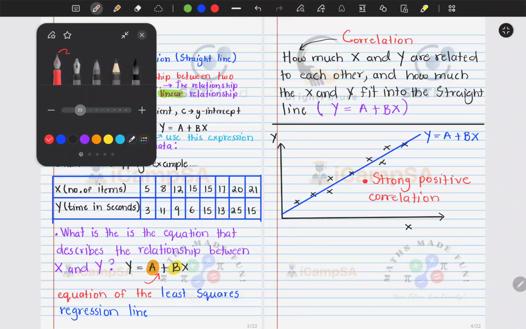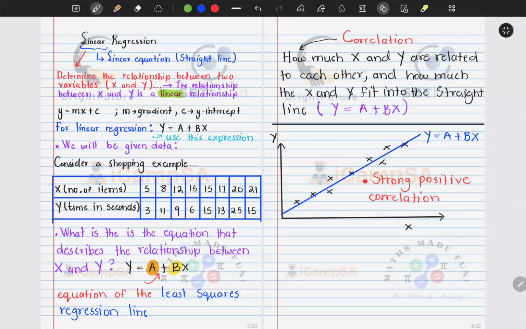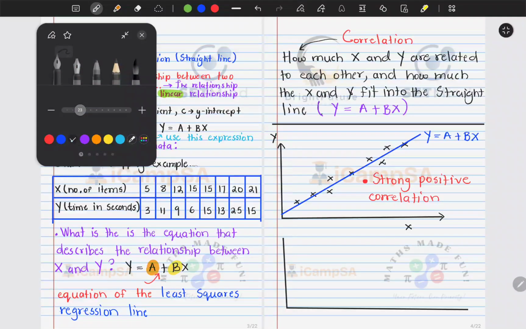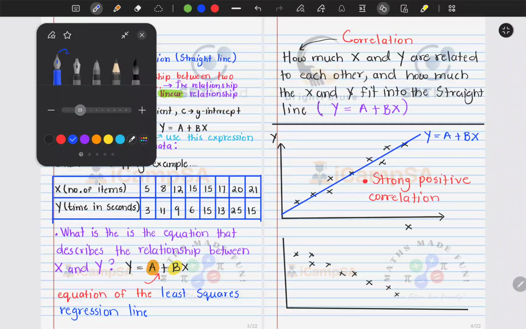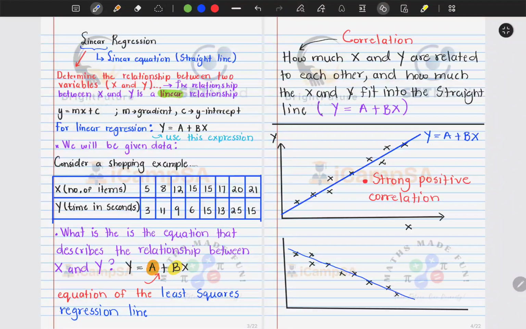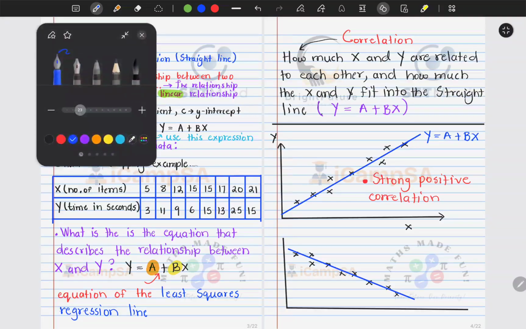Okay, then let's try another one. Let's say we have another line like this, and we have points coming out in this direction. Then you fit a straight line, the blue one, and you'll see that these points are very close to the blue line.